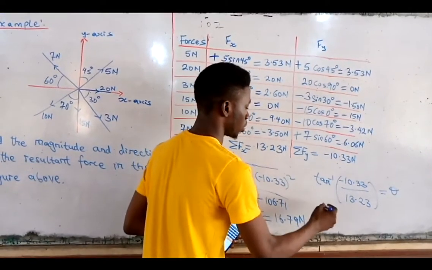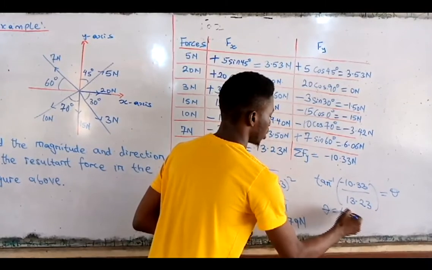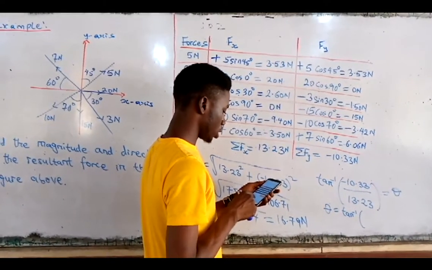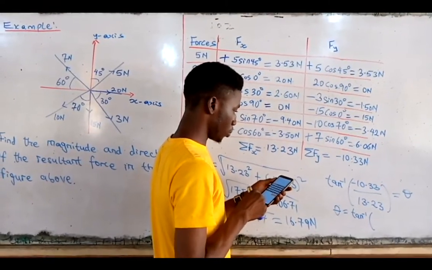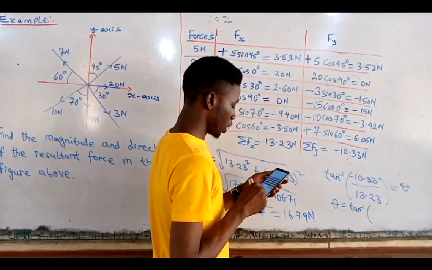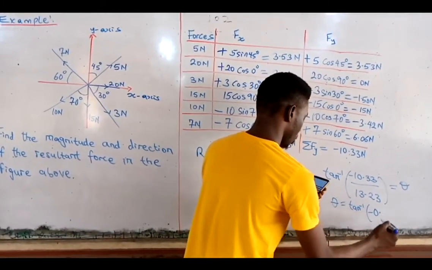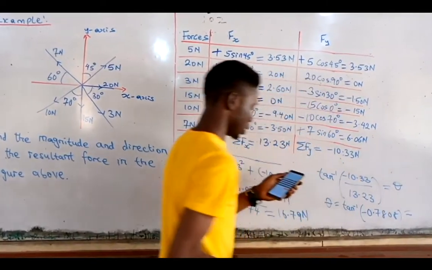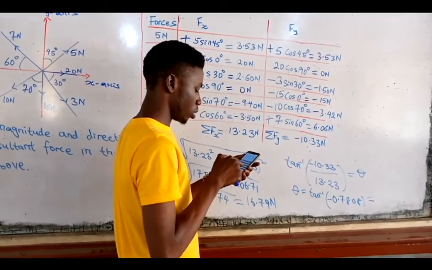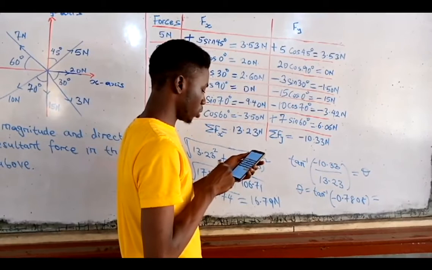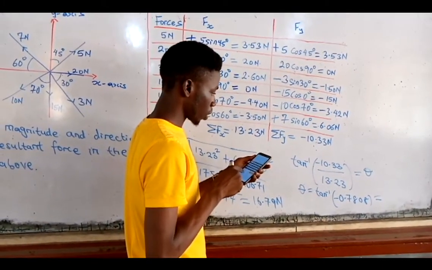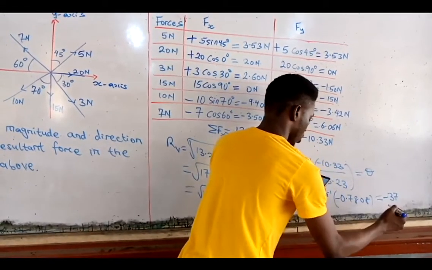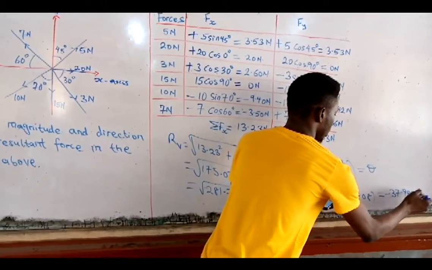If we press this on our calculator, minus 10.33 divided by 13.23 will give minus 0.7808, and therefore the arctan of minus 0.7808 is equal to minus 37.98 degrees.